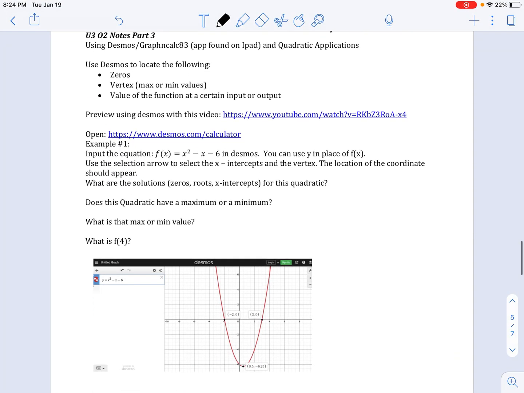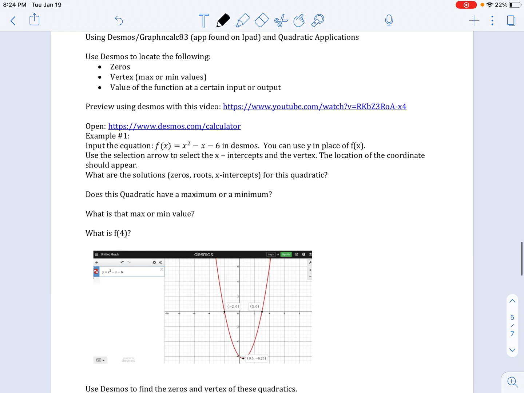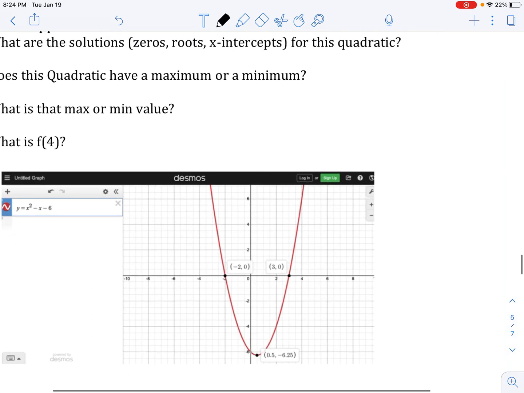All right, so let's go back to our notes. What are the solutions, zeros, roots, x-intercepts for this quadratic? Depending on what you're being asked, the zeros are x equals -2, x equals 3.